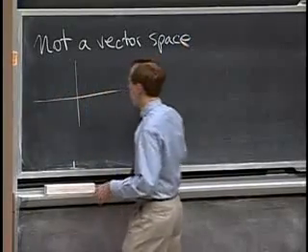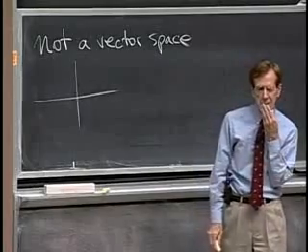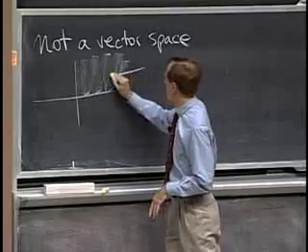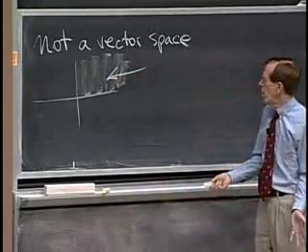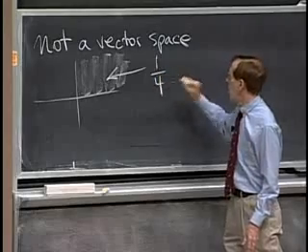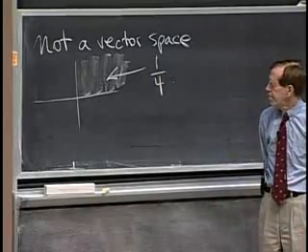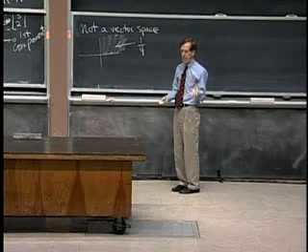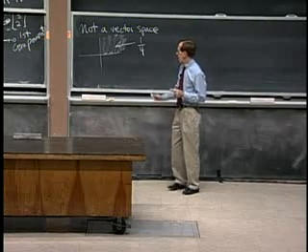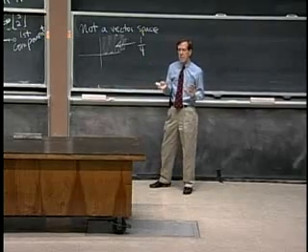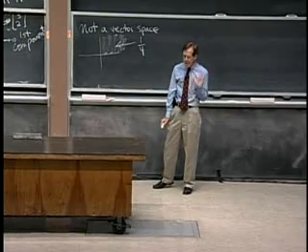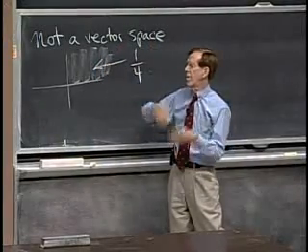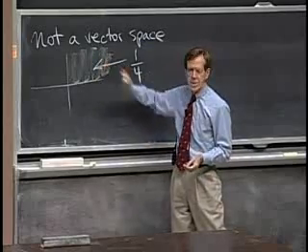Suppose I take the xy plane, so there's R2, that is a vector space. Now, suppose I just take part of it. Just this. This is 1/4 of the vector space. All the vectors with positive, or at least not negative, components. Can I add those safely? Yes. If I add a vector like 3, 2 to another vector like 5, 6, I'm still up in this quarter.